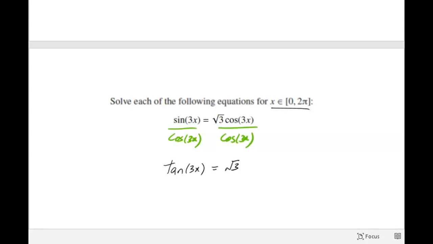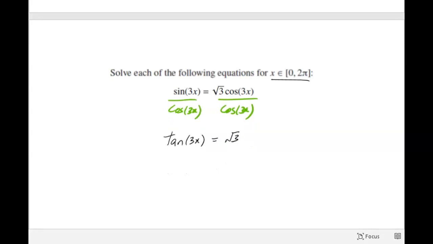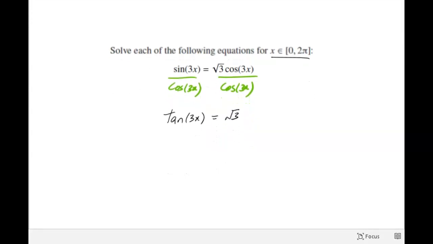And we know by the values in our first quadrant, tan is equal to the square root of 3 when the value for the angle is equal to pi on 3 units. So when it's equal to pi on 3, tan is equal to square root 3, which means we get 3x is equal to pi on 3. Solving for x gets me my very first solution as pi on 9.